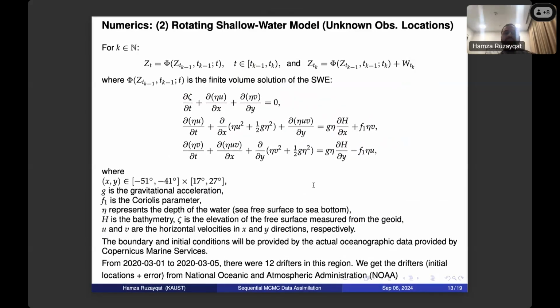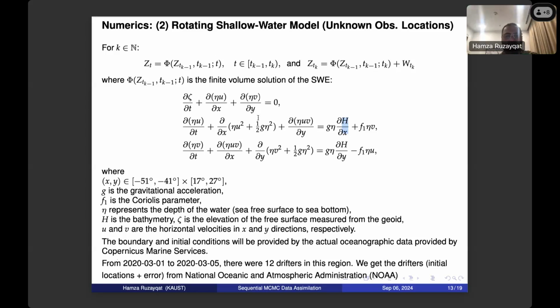The second example is the rotating shallow water model, and now we have unknown observation locations. We have drifters, whose locations and errors are obtained from the National Oceanic and Atmospheric Administration, NOAA. The bathymetry, the velocities and elevation of the free surface, the initial conditions and also the boundary conditions are obtained from Copernicus Marine Services.